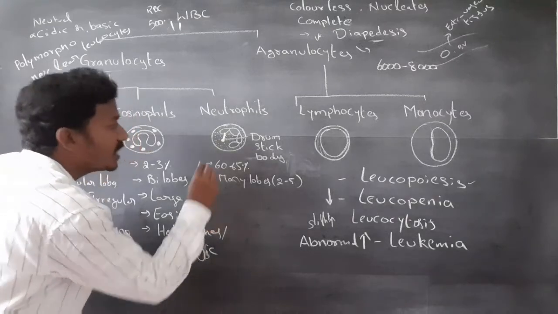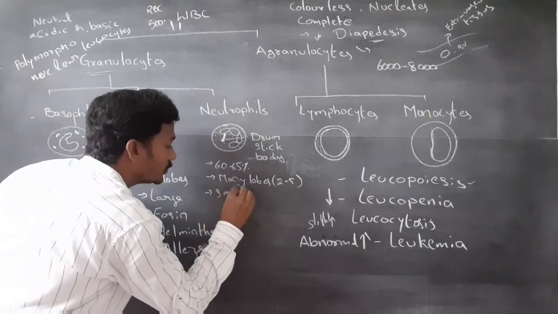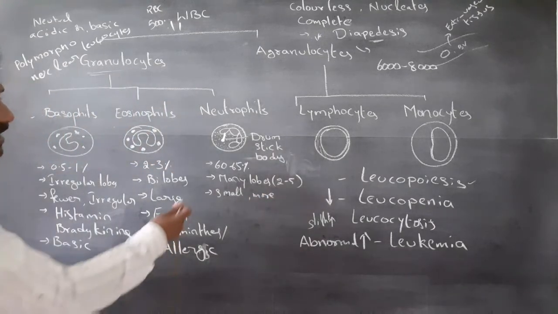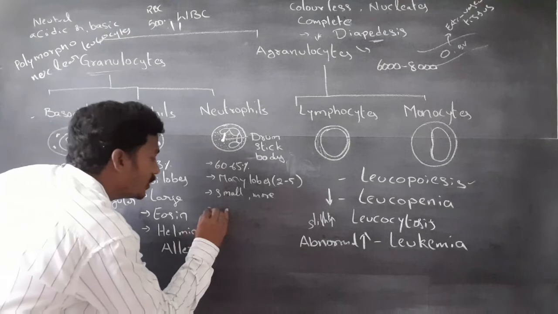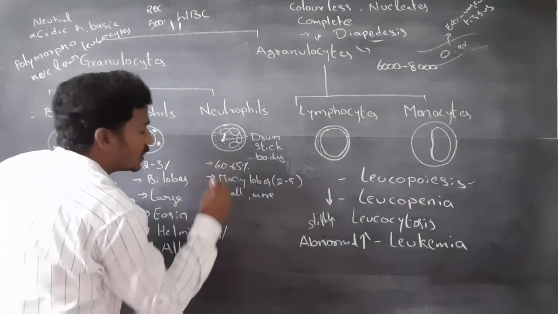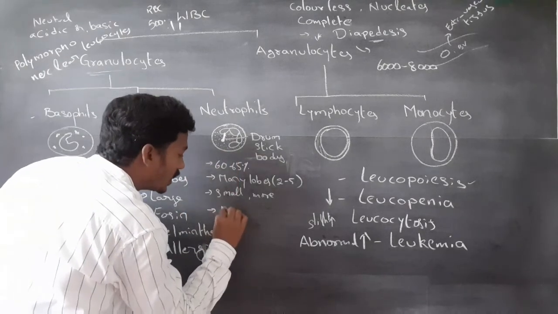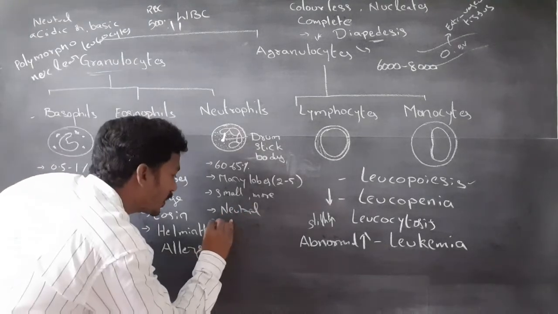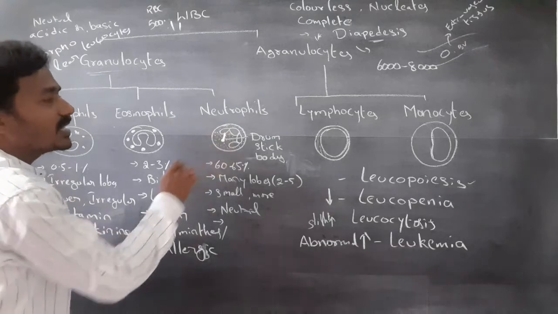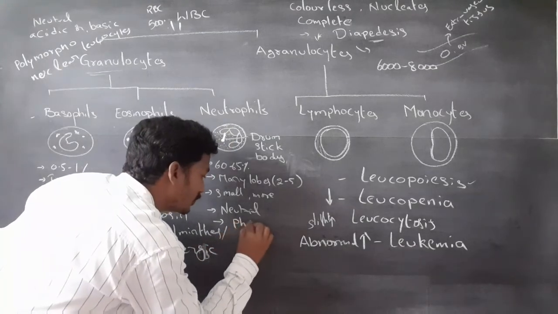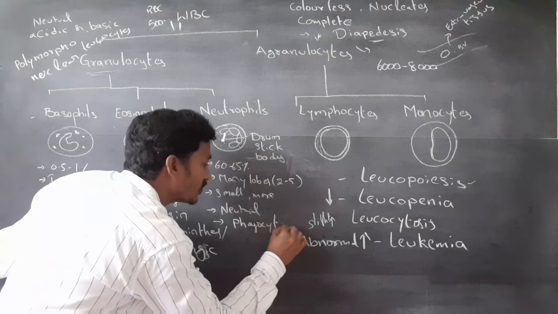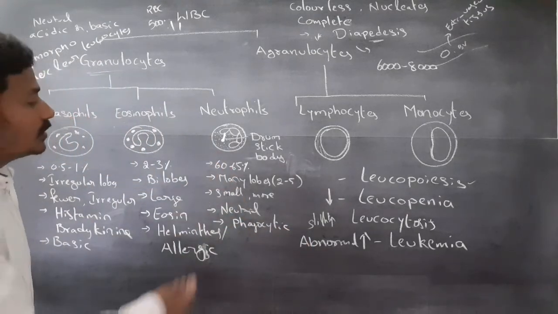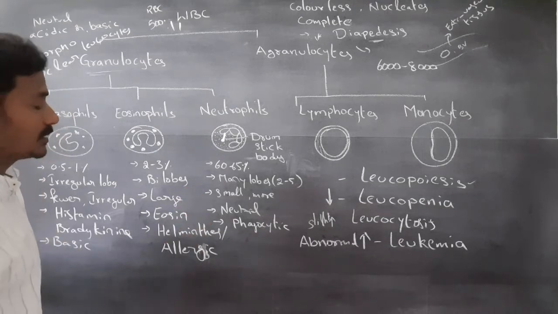The cytoplasmic granules are small and present in large numbers. The cytoplasmic granules take neutral dyes. These are the most phagocytic cells. They engulf foreign particles or dead cells.